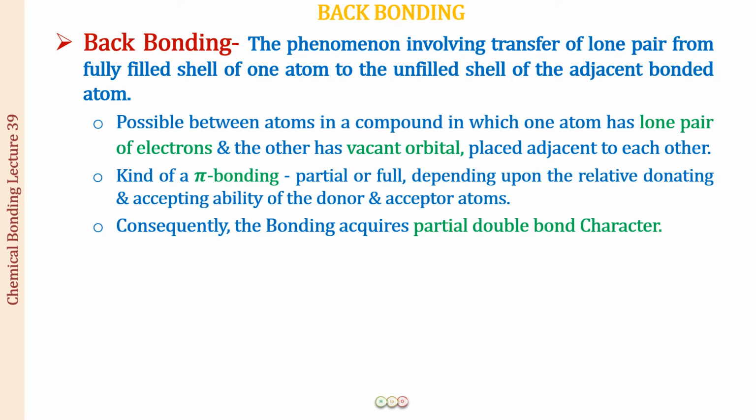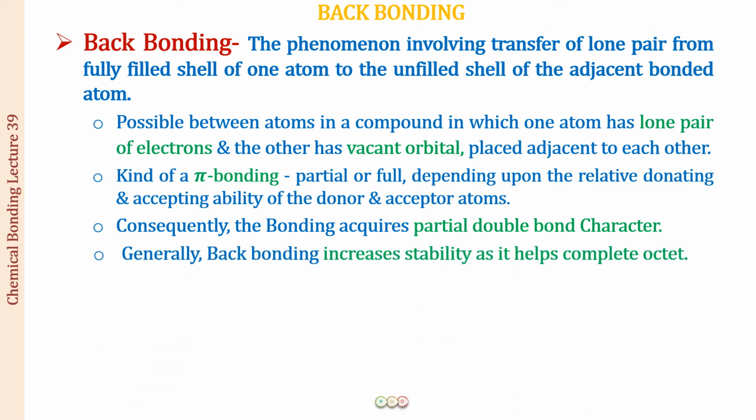Consequently, the bond acquires a partial double bond character because of the pi bond that is formed. Generally, back bonding increases the stability because it helps complete the octet of the molecule. This can also be visualized as a type of resonance.